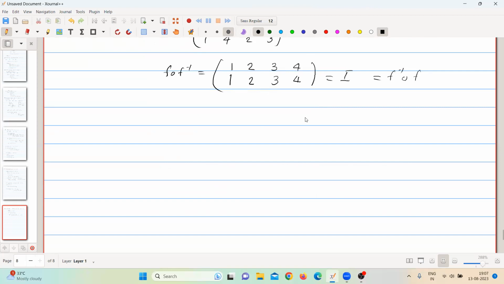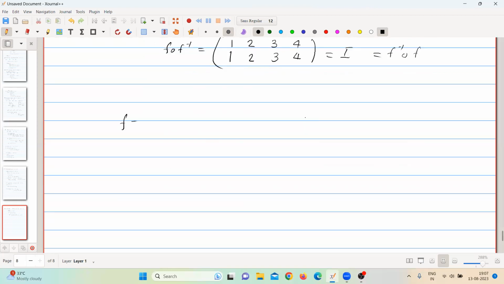So let me write f equal to 1, 2, 3, 4 over 1, 3, 4, 2. So this is our question. So f inverse will be, we will write this.